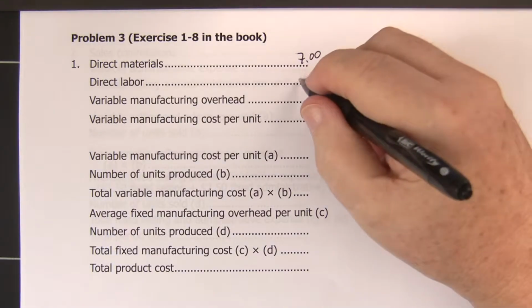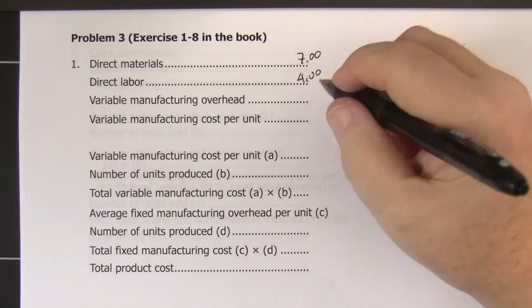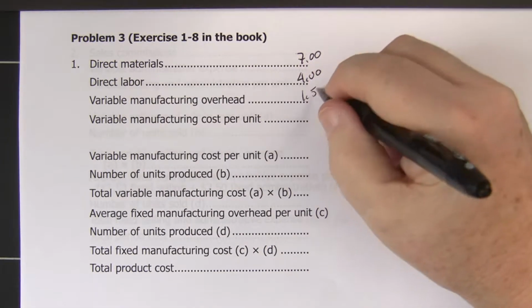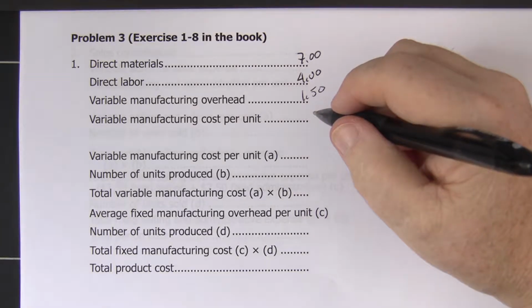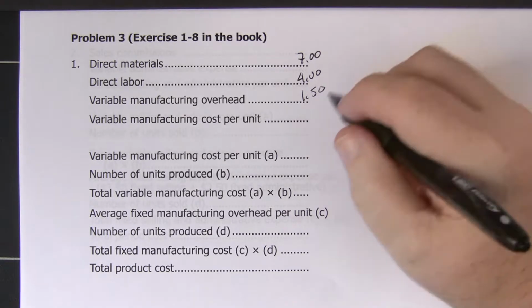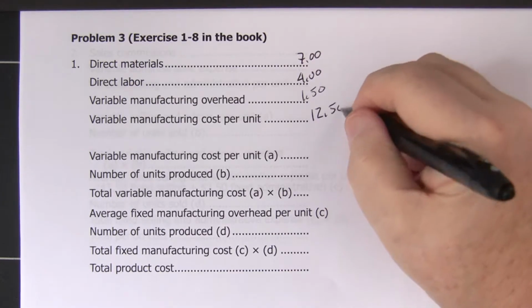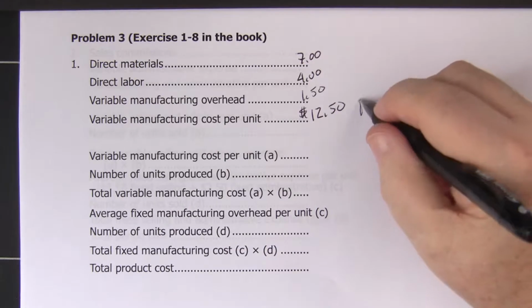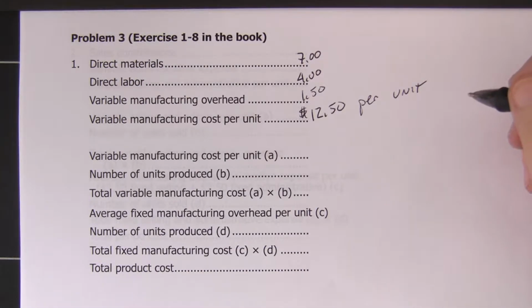Our direct labor per piece is $4. And our variable manufacturing overhead is $1.50. So our variable manufacturing cost per unit, if you add this up, is $12.50 per unit. Their value-added cost, their product cost.